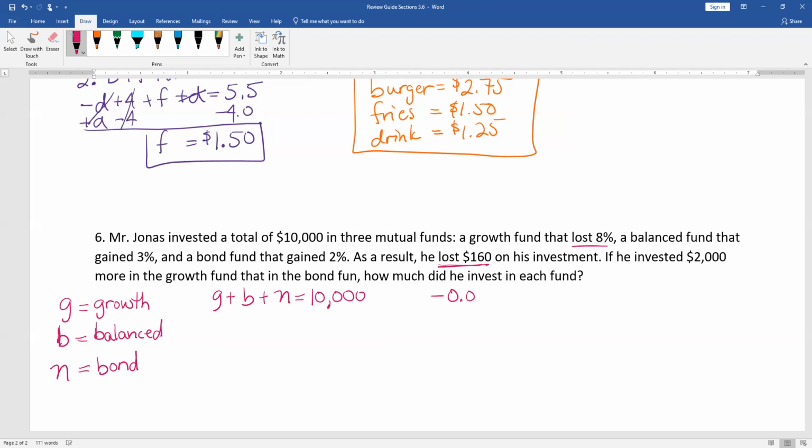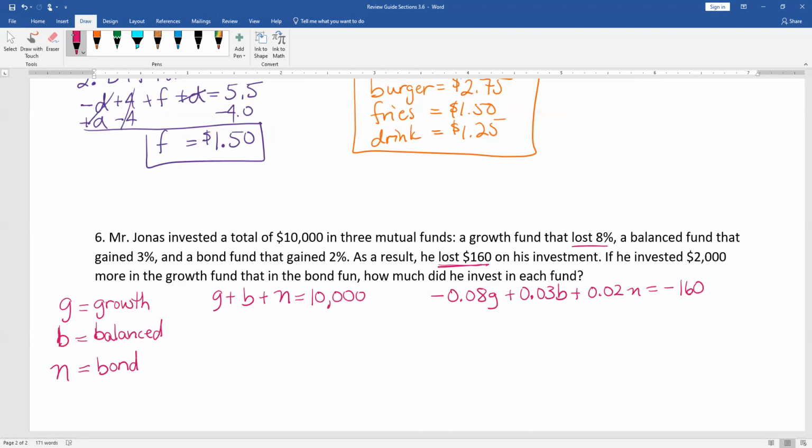So this is negative 0.08 times the money invested in the growth account plus, because the other two are positive, the 3% gain that he had on the balanced account fund plus the 2% he gained on the bonds. And we know that equals a negative $160 because he lost money.